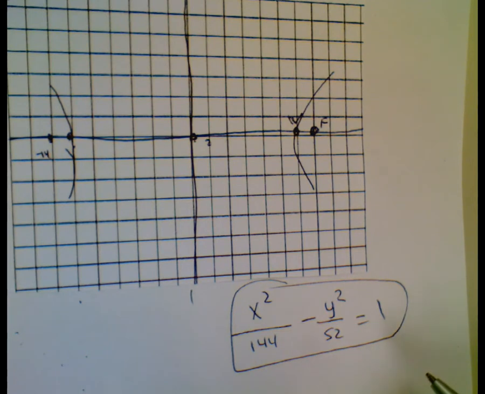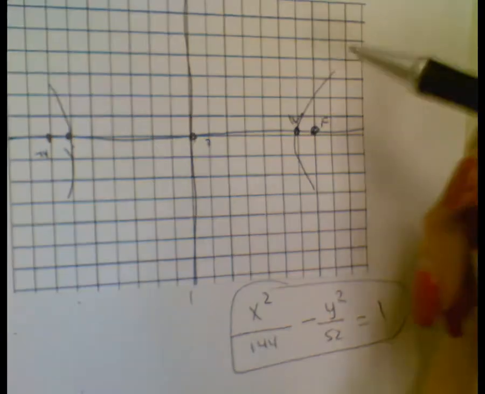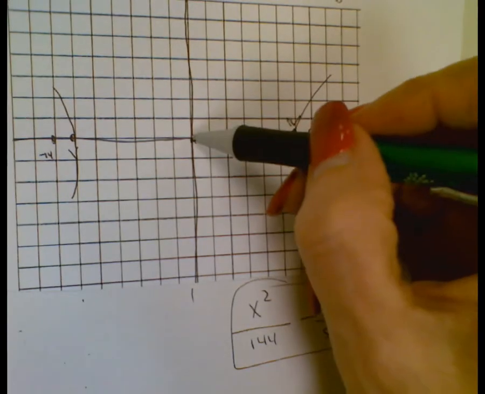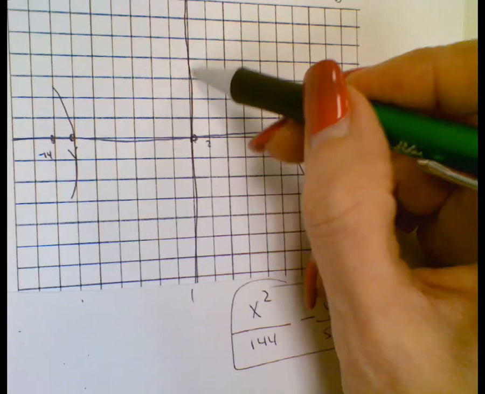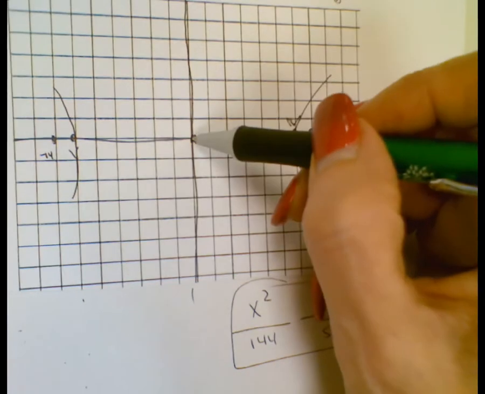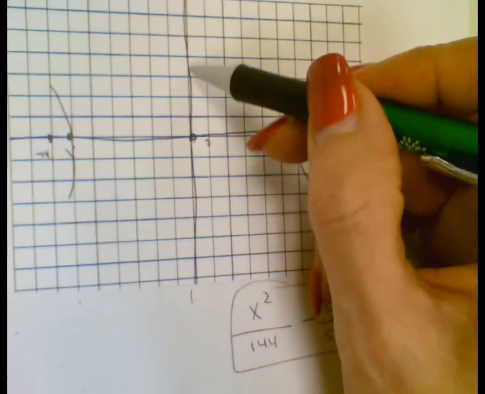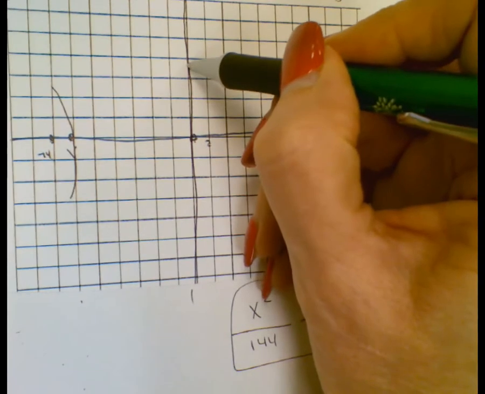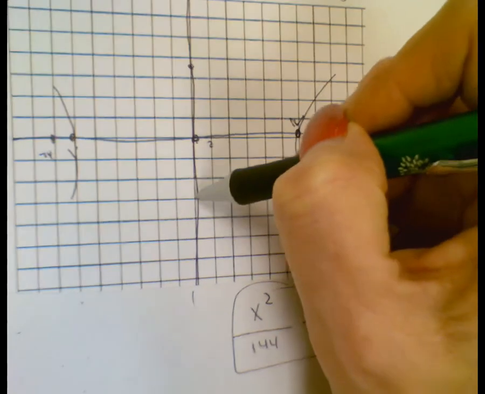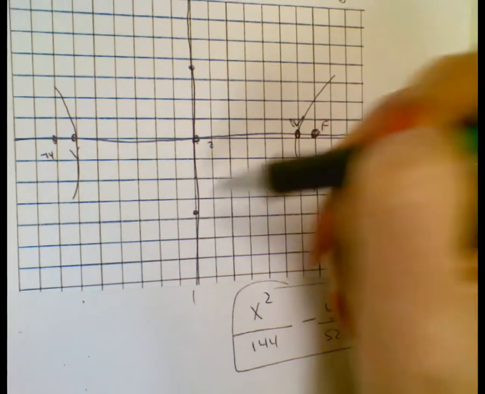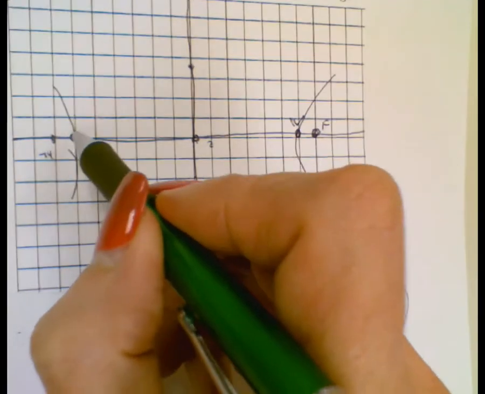So the square root of 52 is a little over 7. If we were doing a box, 2, 4, 6, 7. So it's around here, and your box looks something like this.